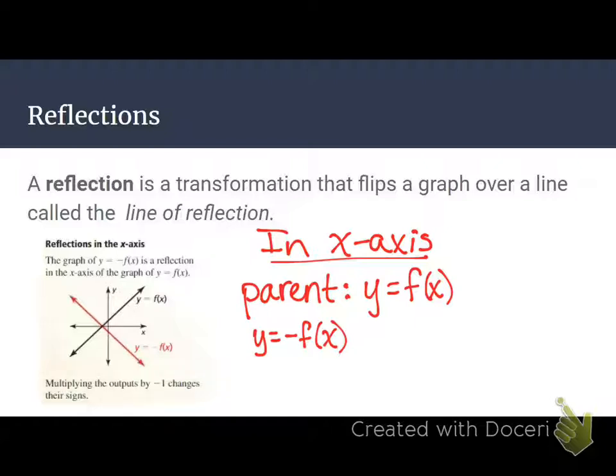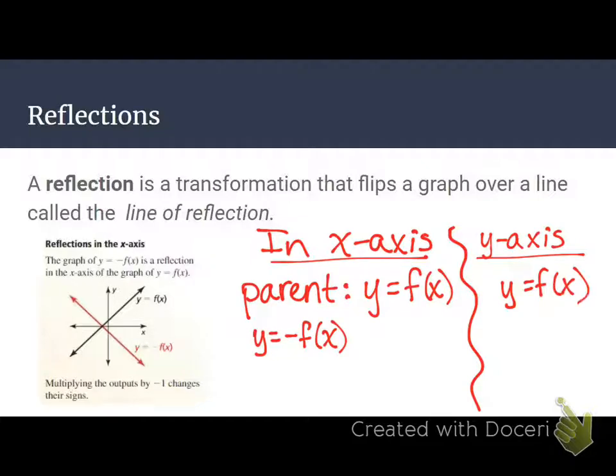Okay, so then to reflect in the y-axis, we would have our same parent function. Y equals f of x is still the parent function. This time, we would be negating all of our inputs.